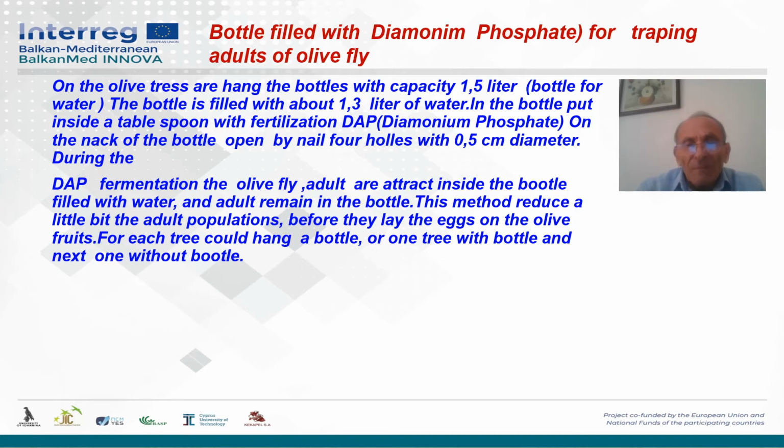If we do not have so many olive trees, it is important to hang as many bottles in the olive groves as possible, because the more olive flies are attracted to the bottles, the more the population is reduced with this simple method.